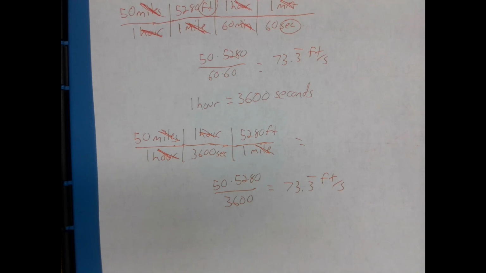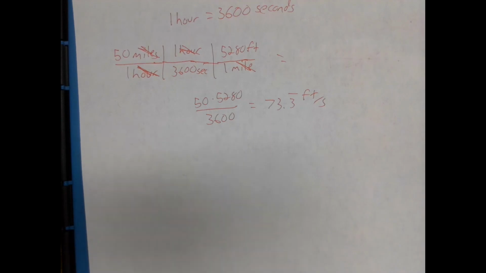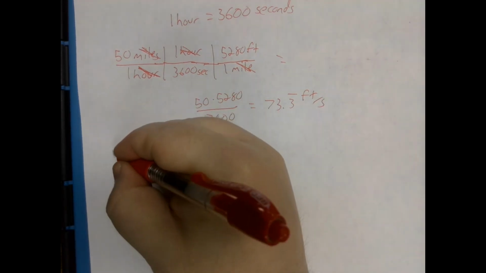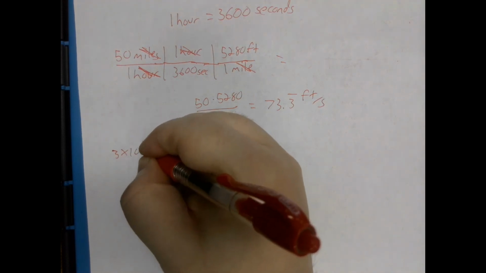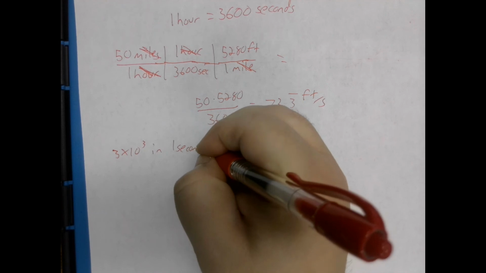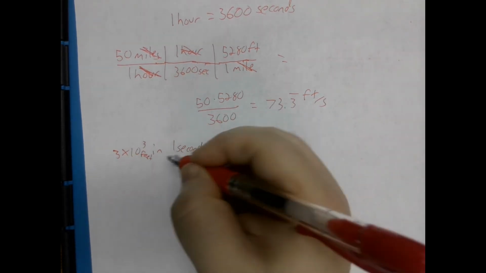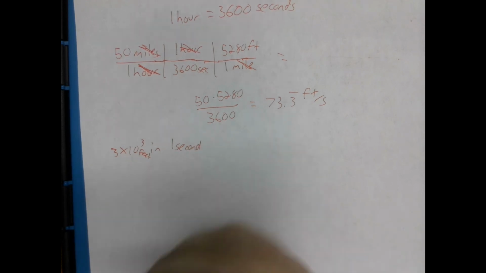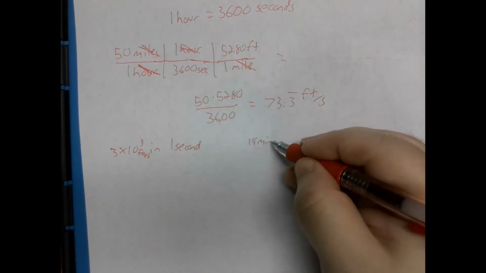So looking at something like problem 15, it tells you that a projectile travels 3 times 10 to the 3 feet in 1 second. This is a conversion of feet into seconds, so this is a conversion factor, and it asks you about 18 minutes.